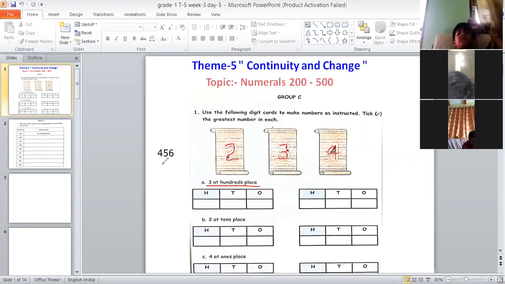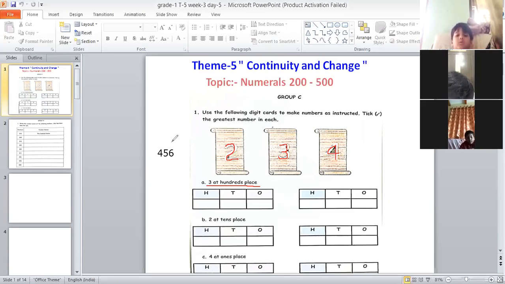Now, how will we read this number, Siddharth? 456. Yes, very good. So this is 456.